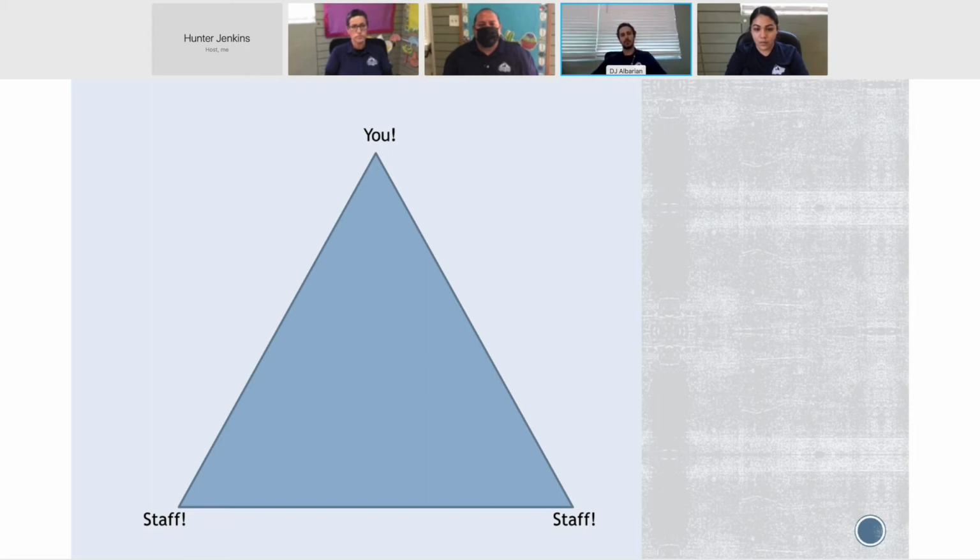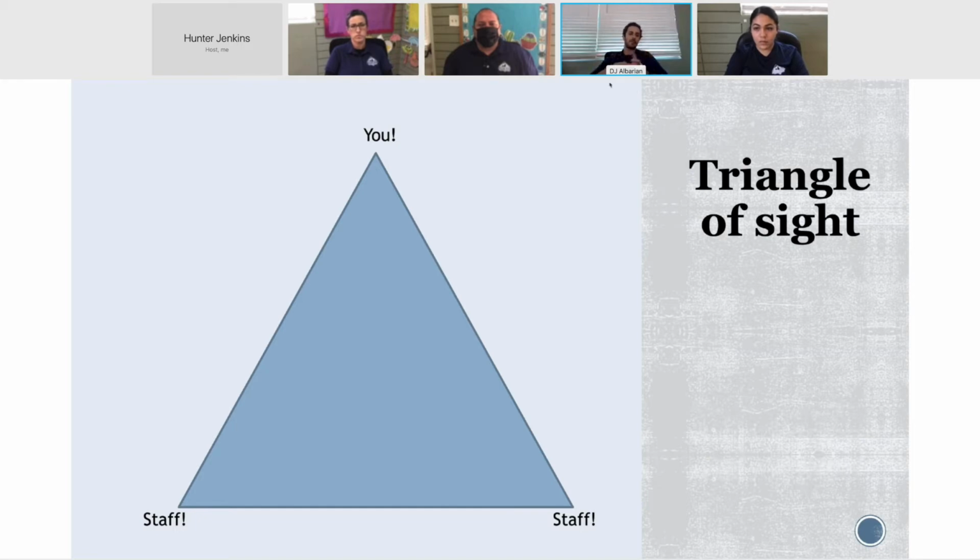For example, this is called the triangle of sight. It's so that you never have a blind spot. If two staff are in the corner of your eyes, they could see what's behind you and you could see what's behind them.